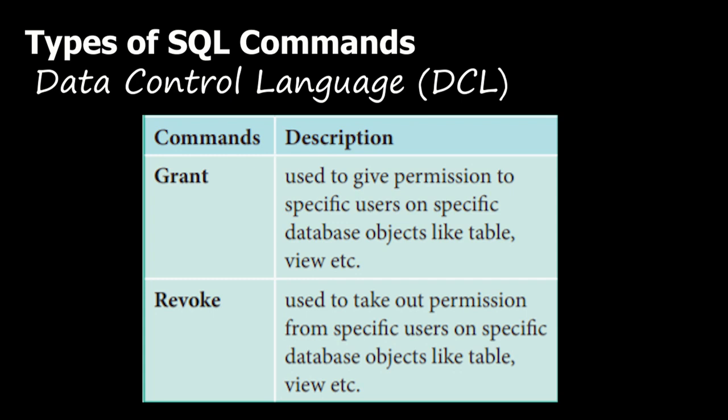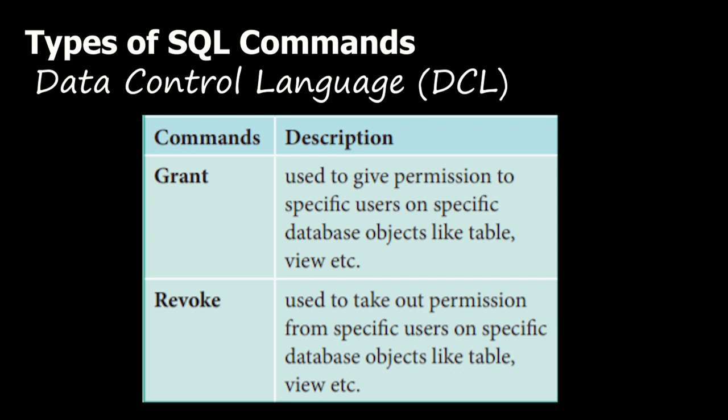Data control language is for the security purpose of the database. A database has objects like a table, a row, a column, a view, and a stored procedure. To make it secure, we are using this data control language.